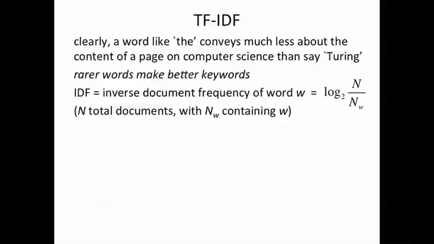And then we take the logarithm of this term, and obviously we reverse the fraction because otherwise the logarithm would become negative, and we get what is called the inverse document frequency of a word.